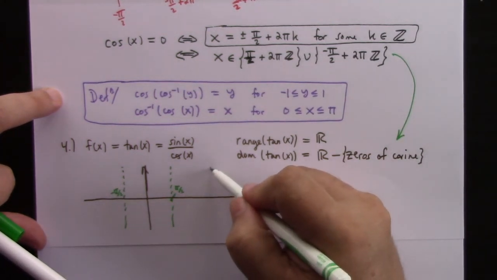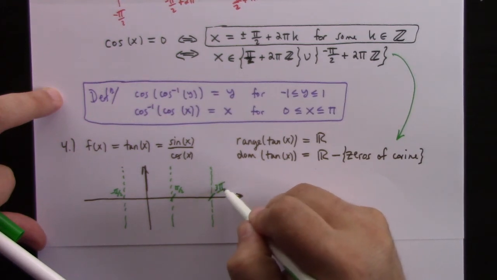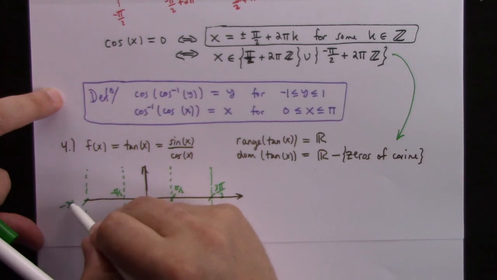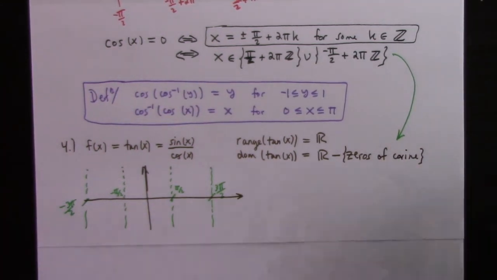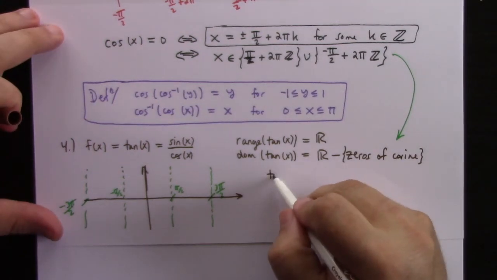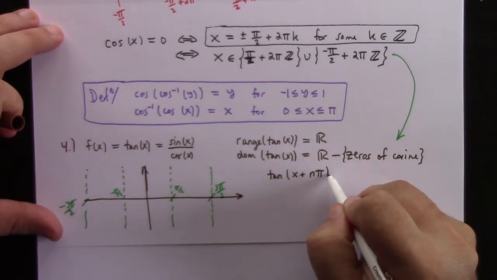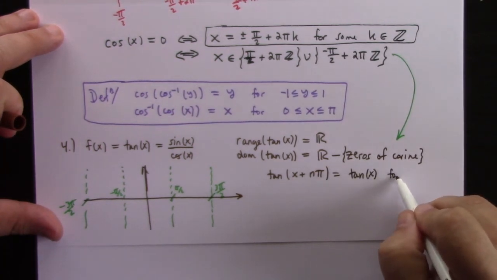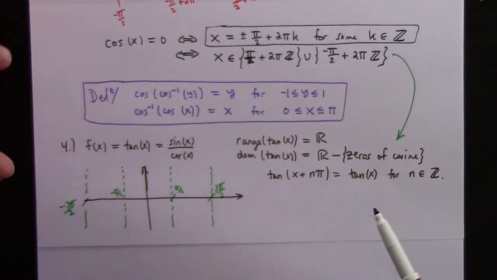So tangent, it turns out, has a periodicity. It repeats itself every pi. An important equation to know about for tangent, sometimes useful, is that tangent of x plus n pi is equal to tangent of x for n in the integers. So that's an important property of tangent. It has this pi periodicity.